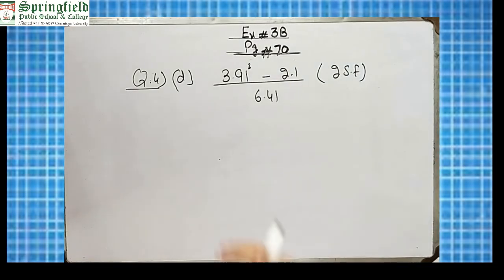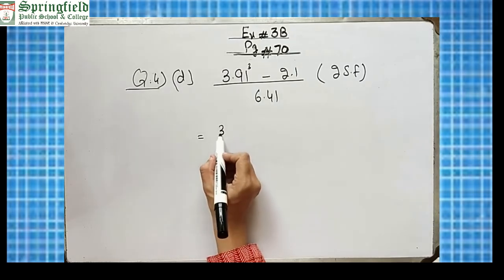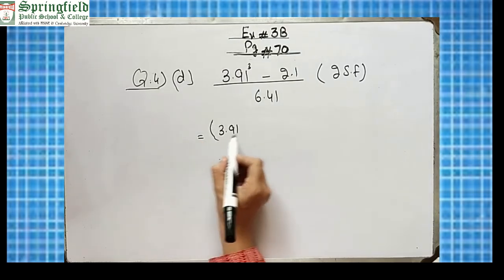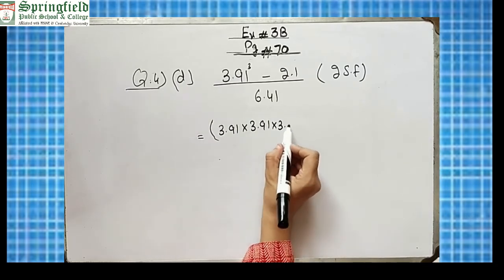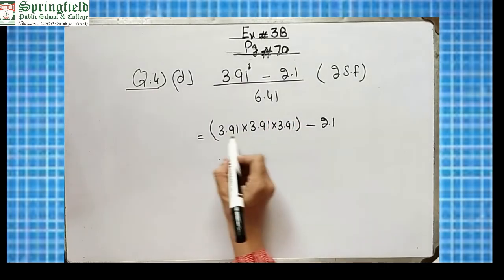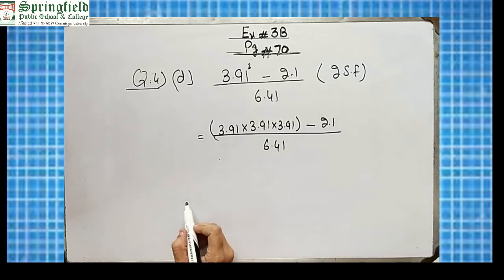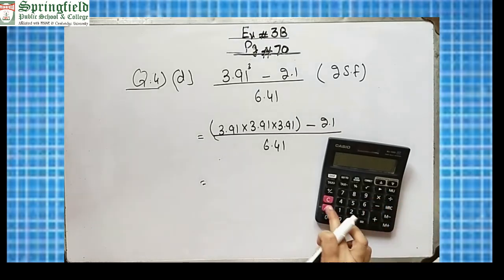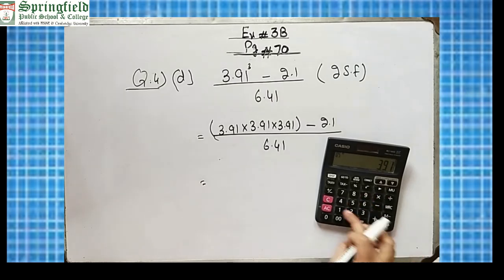So beta, first we will simplify this. 3.91 cubed means 3.91 will be multiplied 3 times. 3.91 multiplied by 3.91, and then minus 2.1 divided by 6.41. Now multiply this number 3 times: 3.91 times 3.91 times 3.91.